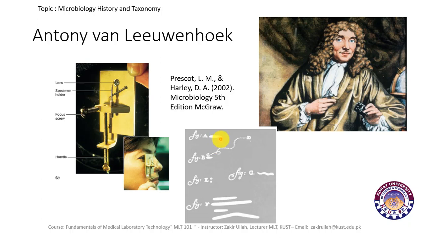This is a simple bacterium, this is a chain-shaped bacterium, and these are different types of rods and spirochetes. These are the first images he developed after the microscopy of different specimens.